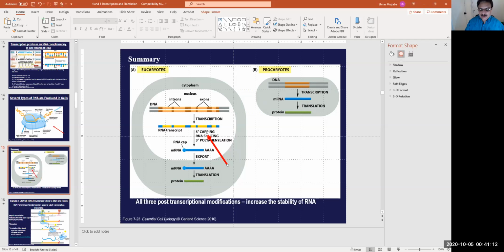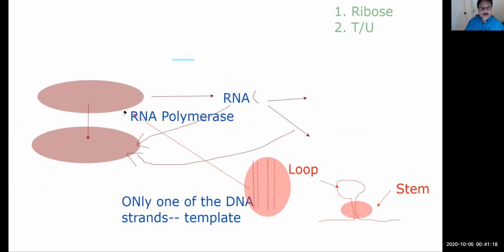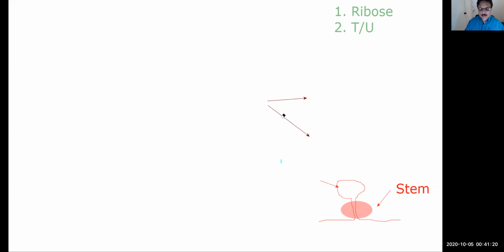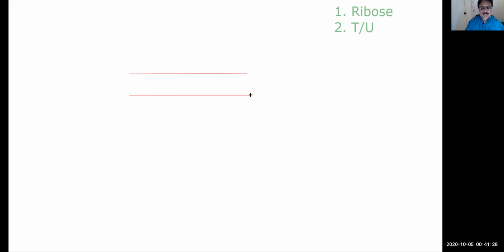So let me explain this a little bit more. Let's say that this is a double-stranded DNA, and here there is a mosaic of introns and exons.